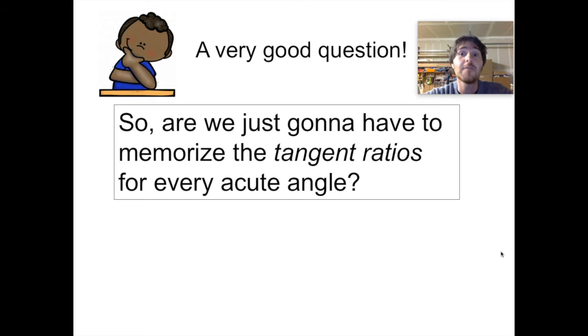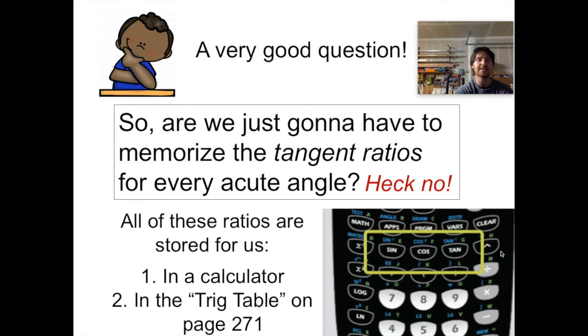Are you going to have to memorize all of them? Heck no, obviously not. It's because we have tools and we have people who've done some of the work for us to put us in position to start applying these ratios when solving problems in our trigonometry unit that we're doing right now. So heck no, you don't have to memorize what an 11-degree tangent ratio is.